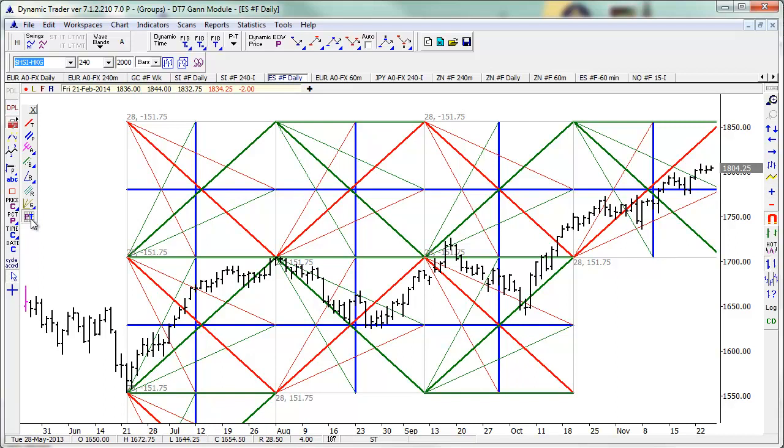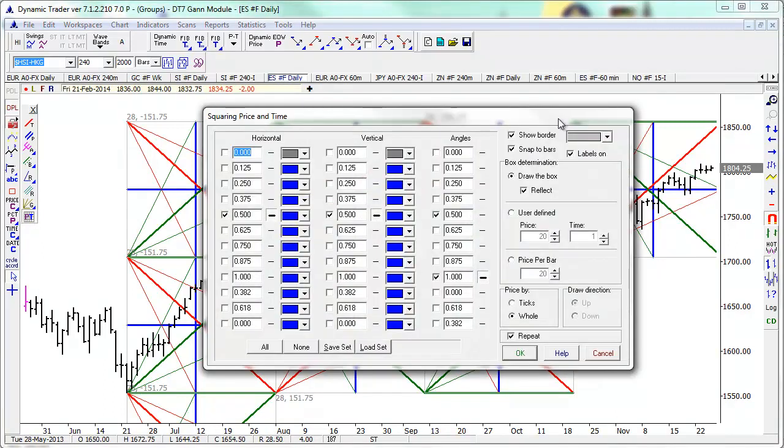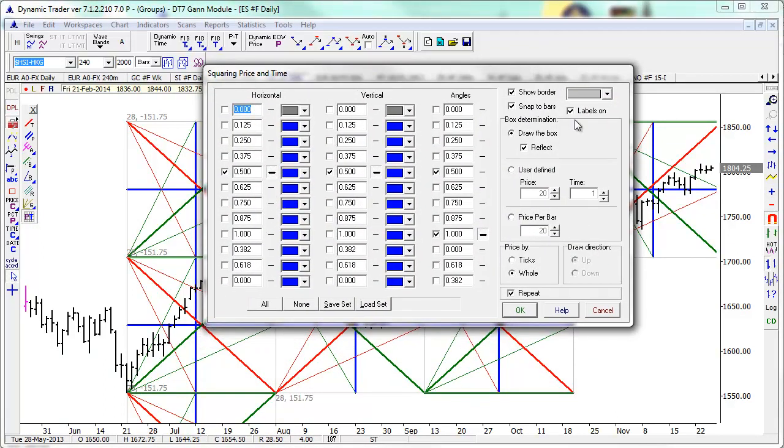So once again, I'm going to right click on here. We've offered you every possibility of how to do Gann geometry. Every choice that can be made, we have in this squaring of price and time. So my suggestion is we don't give educational material for Gann angles and the Gann geometry and the squaring of price and time. You really should refer to Gann's original material.